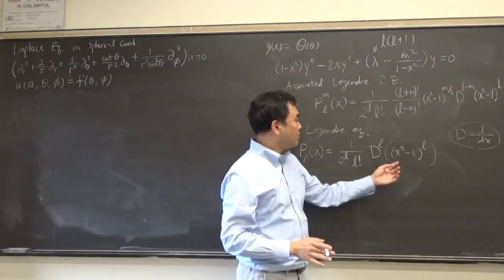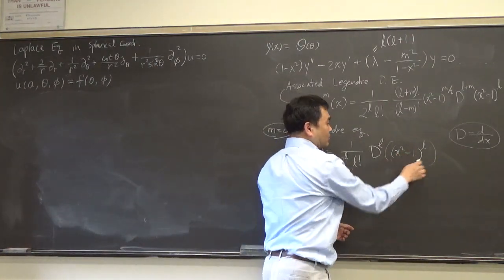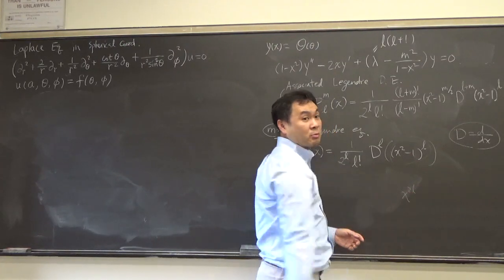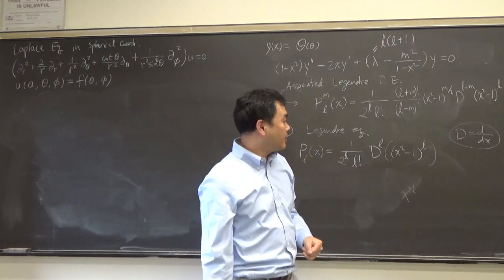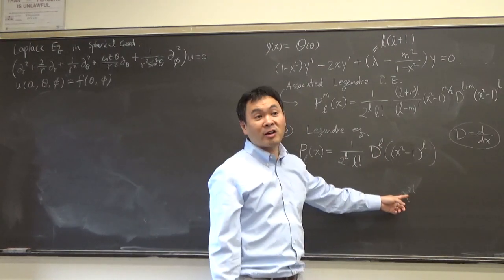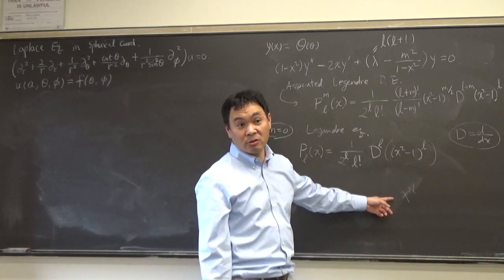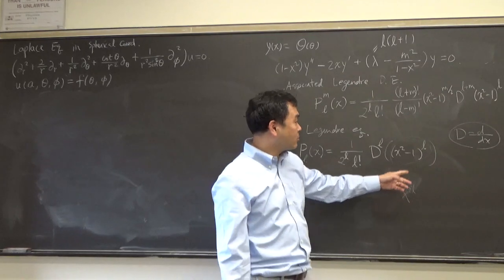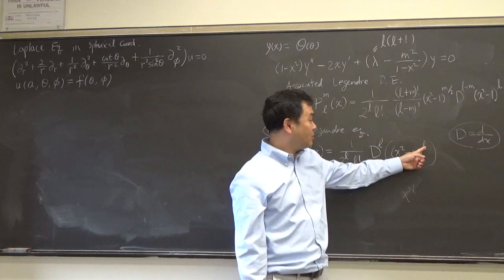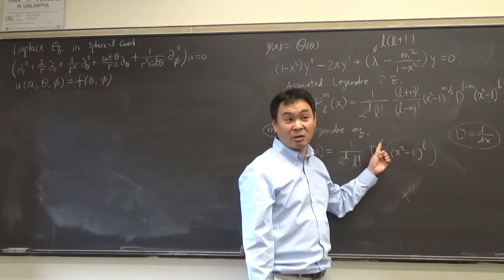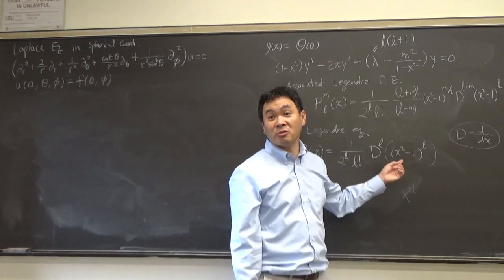And there's some other aspects of this. This part, the highest order is x to the 2Lth degree polynomial, right? And if you differentiate this L times, what do you get? You get a degree L polynomial. Right? So for example, if L was 3, then this is a 6th order polynomial, but then you differentiate 3 times, so you get a cubic polynomial, right?